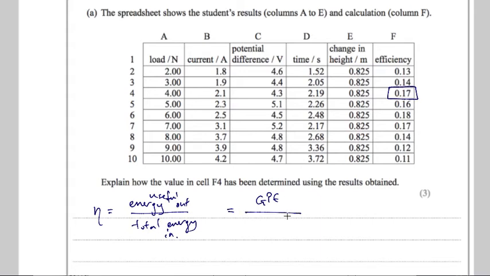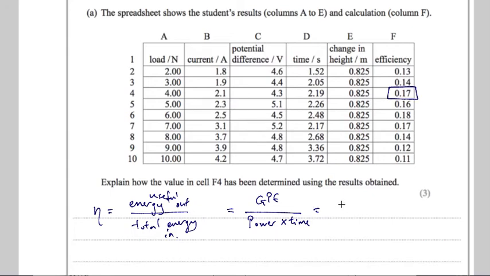The energy in is given by power times time, because what is supplying energy to this motor? It's the electric current. We know how to find the power using current and potential difference. So GPE divided by power times time.